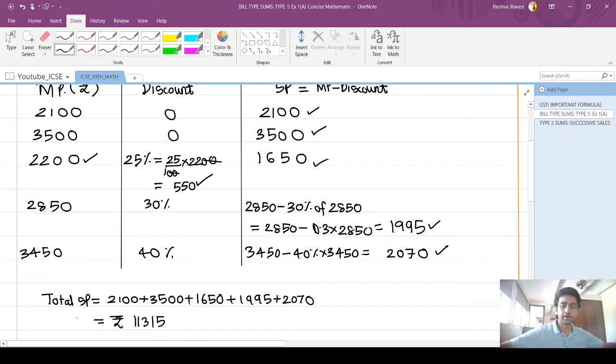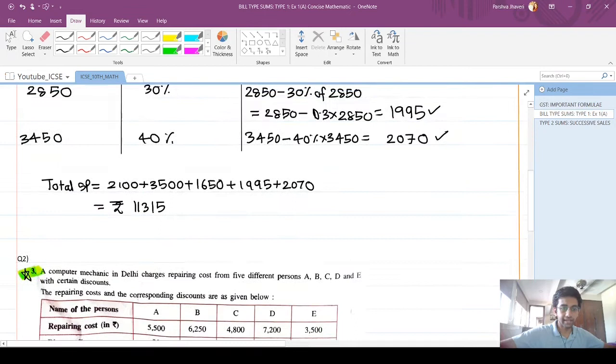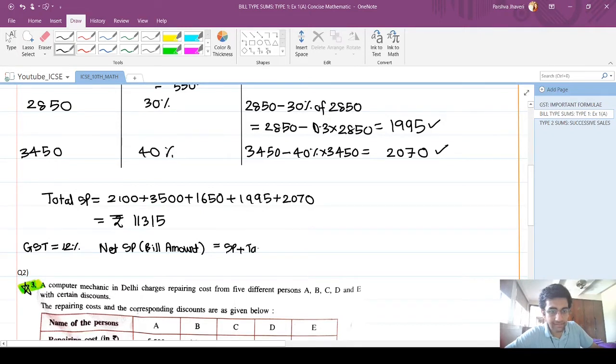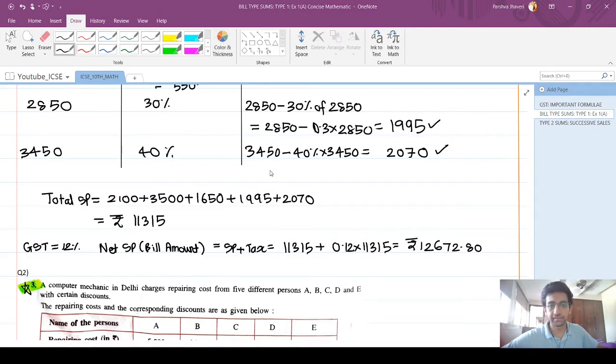Once you do this, remember the rate of GST they've given us is 12%. So our net selling price or bill amount will be SP plus tax, which is nothing but 11315 plus 0.12 into 11315, and that becomes, and this, guys, is your final answer.